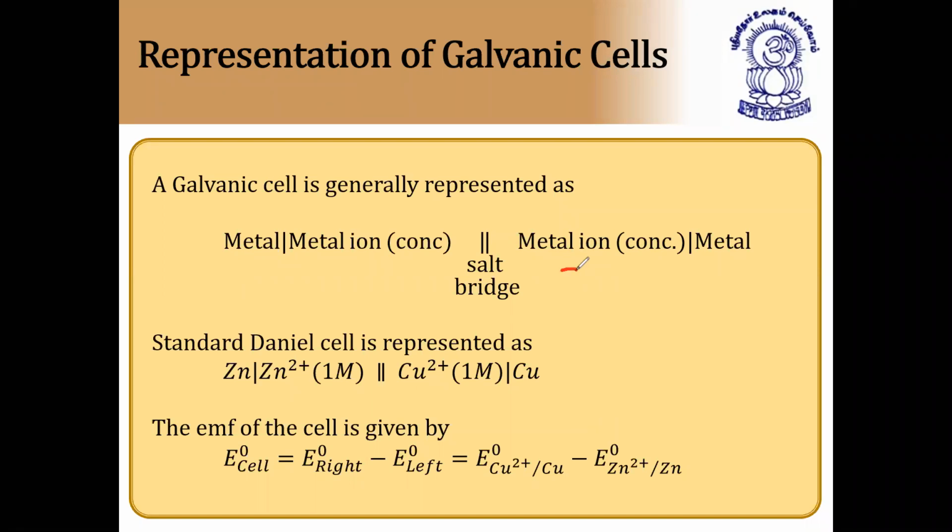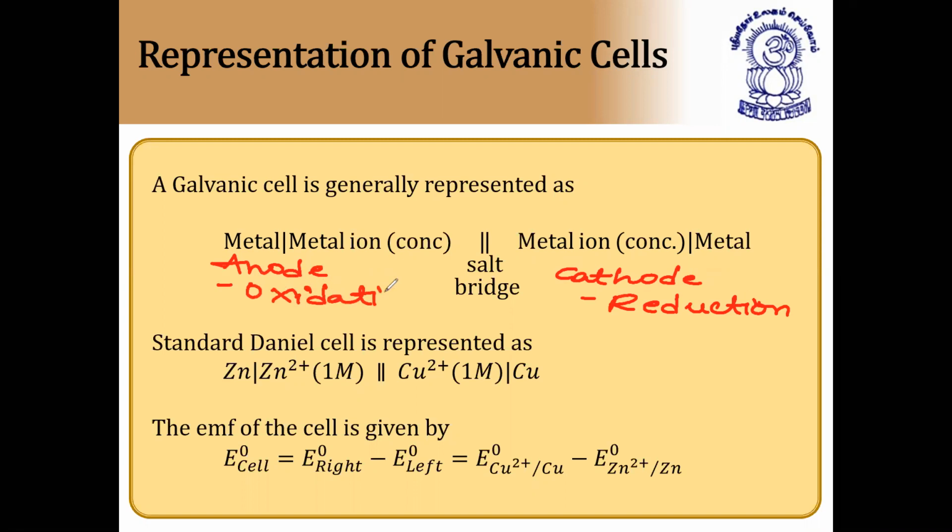Right hand side cathode where reduction takes place, and left hand side anode where oxidation takes place. So always first metal, vertical line, metal ion, double vertical line, nothing but salt bridge, metal ion, concentration, vertical line, then metal. So this is the representation.